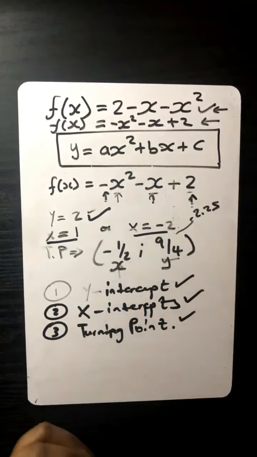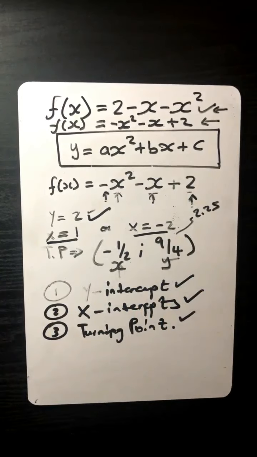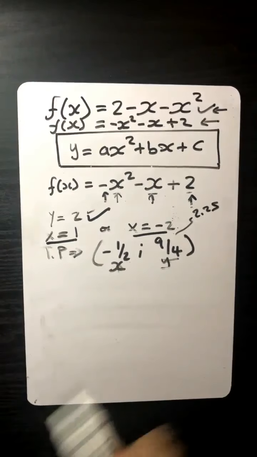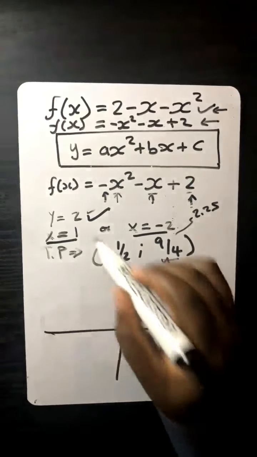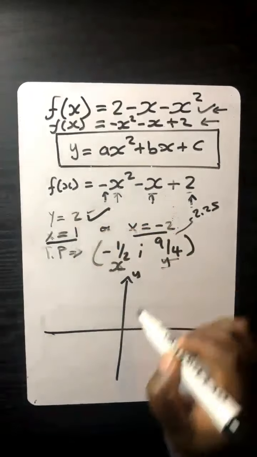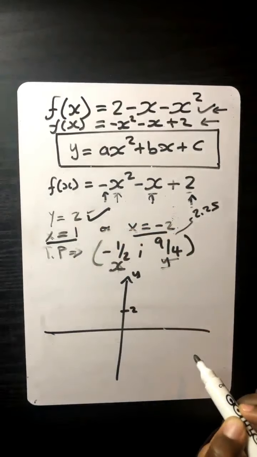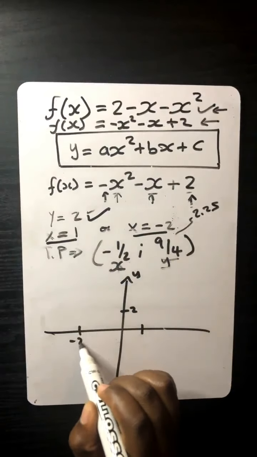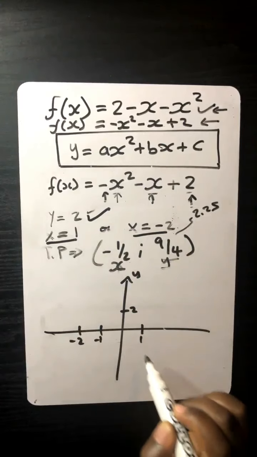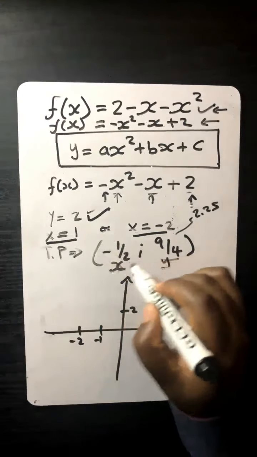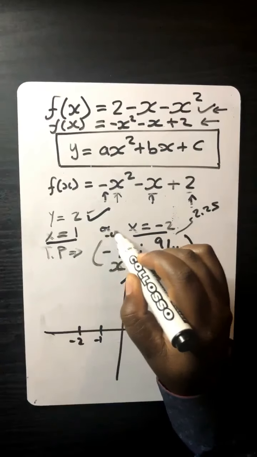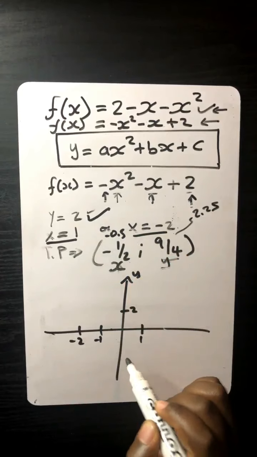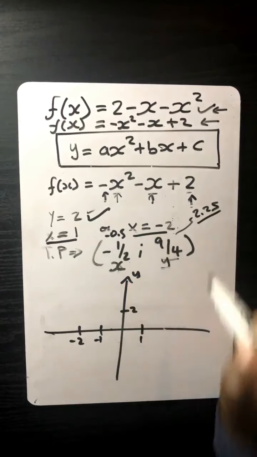When you have all of those, you can easily plot your points. This is how you plot your points. You know your y-intercept is 2, so you say this is 2. Your x-intercepts are 1 and negative 2. So this is negative 1, this is 1. Your turning point in decimal is negative 0.5, which is half, so it's somewhere there. The other one is the same as 2.25.